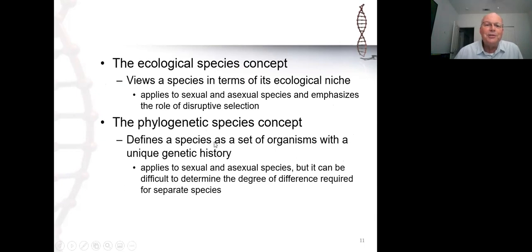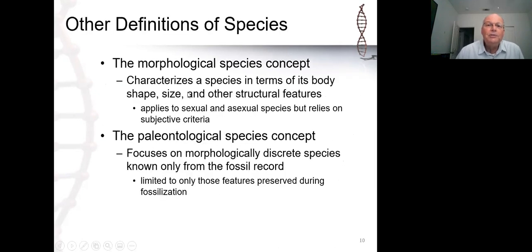So the phylogenetic concept we could use because it applies to both sexual and asexual species. The ecological concept we can use because it can apply to both sexual and asexual species. And we could use the morphological species concept. Which would be the most useful in the field? Well, not the morphological, because remember that's based on physical appearance, and appearance can be confusing, as we talked about at the beginning.